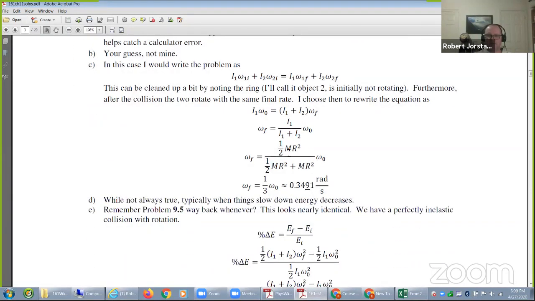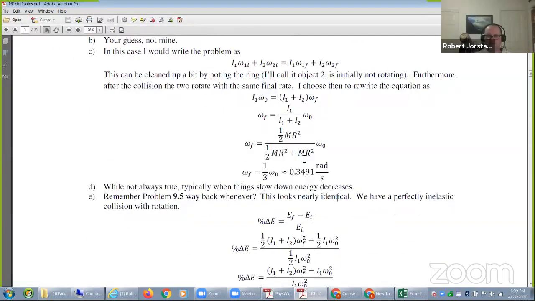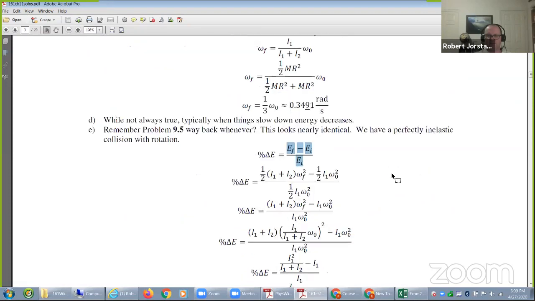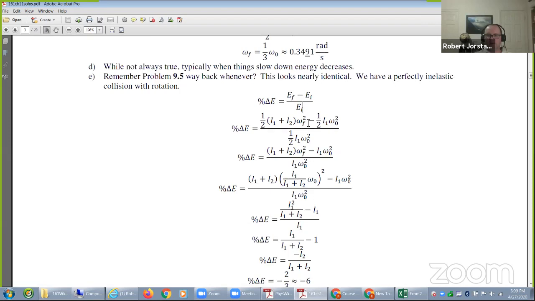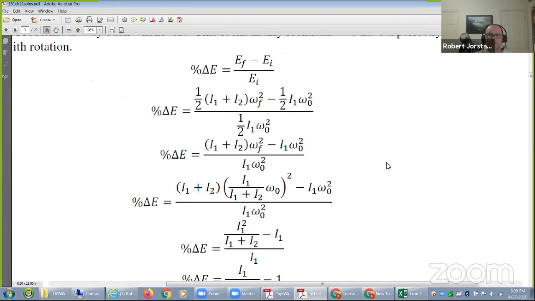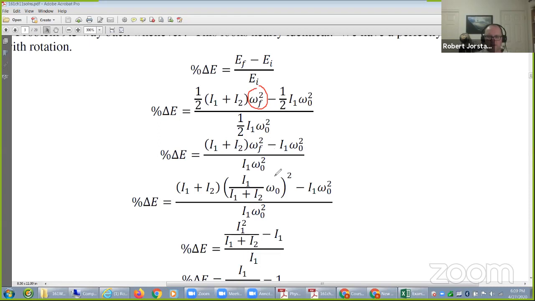So doing the math, I have E final minus E initial. Take a second to actually follow through this. And this is a cool trick. By rewriting the final rotation rate, excuse me here, let me get this bigger. By rewriting this final rotation rate this way, by rewriting the final in terms of the initial, notice what happens.